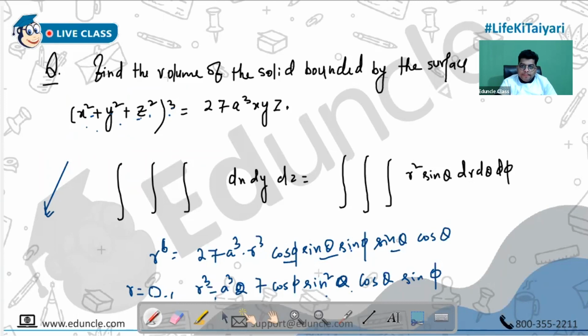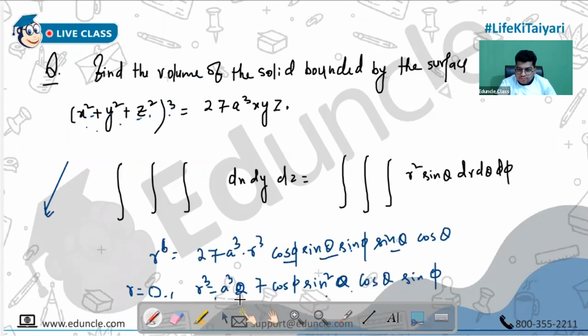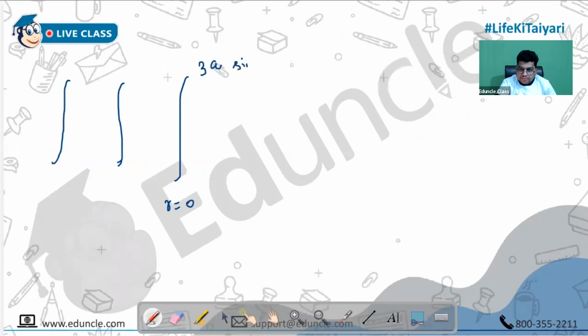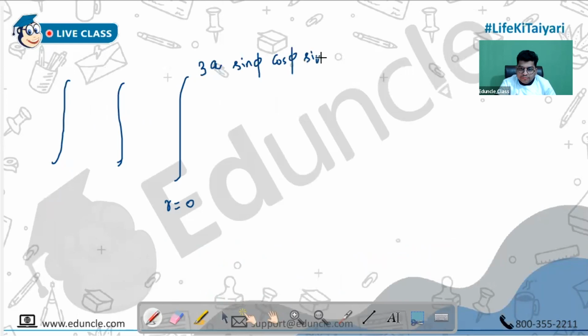So r goes from 0 to 3a times the cube root of sin phi cos phi sin square theta cos theta, and here is r square sin theta dr d theta d phi.